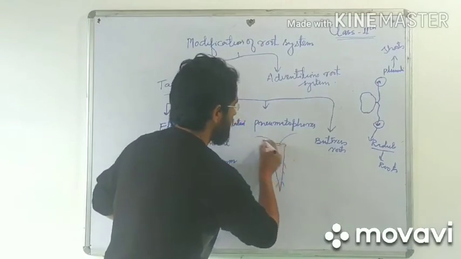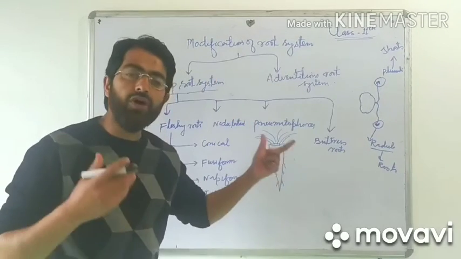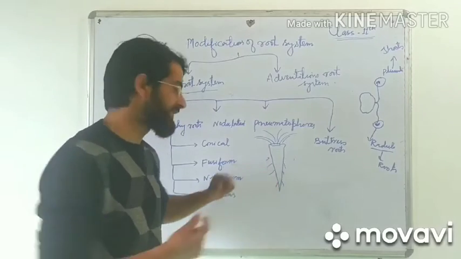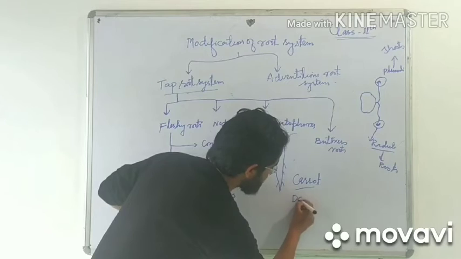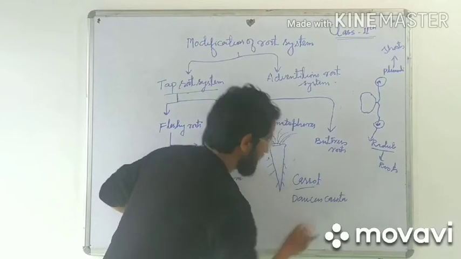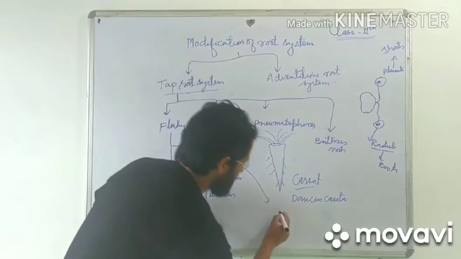Here leaves arise in such a way. You have got an idea which plant this is. It is commonly known as carrot. The scientific name is Daucus carota.